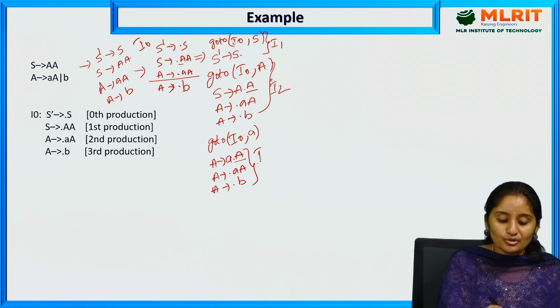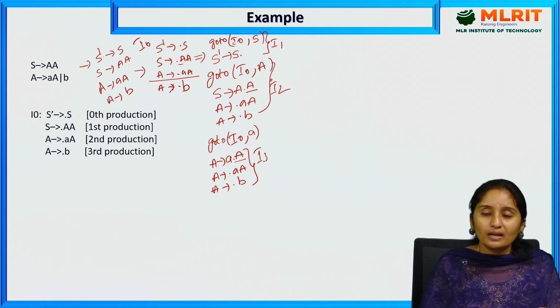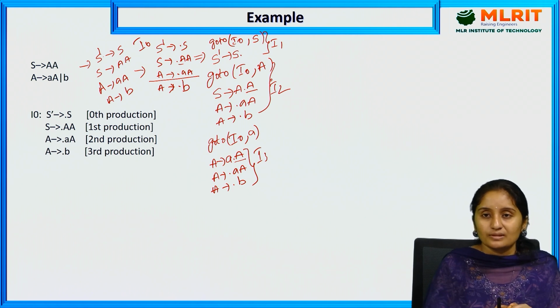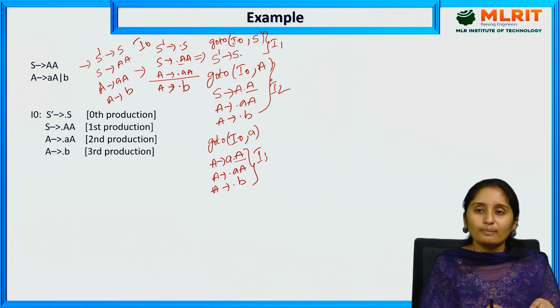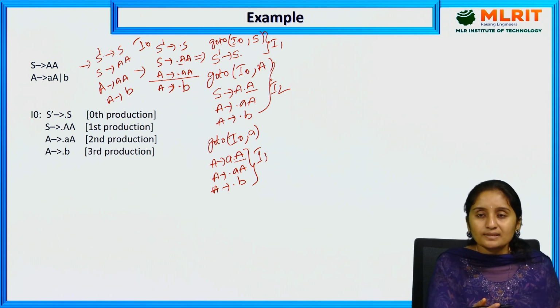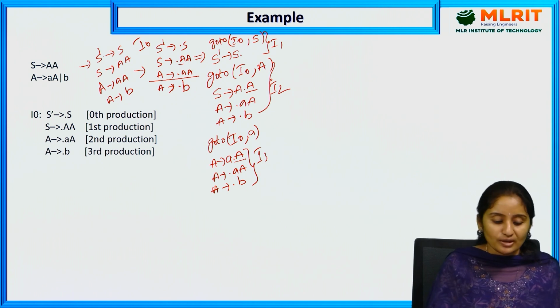It is a new state. Once we write the productions, we need to check whether they already exist in the earlier states. If they exist, just replace it with that state number. If we don't find an existing state, then mention it as a new state.